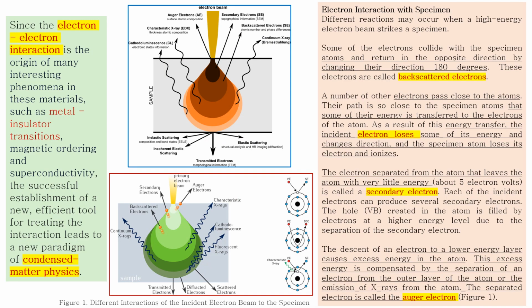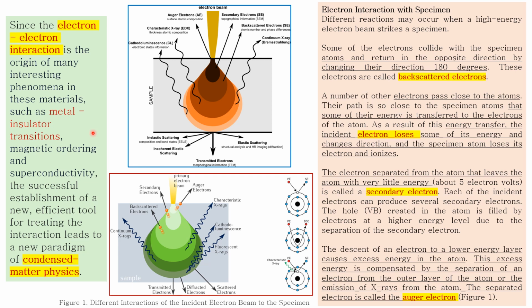In the following section, the discussion will focus on electron-electron interaction, the origin of many interesting phenomena in these materials. The electron interaction measurement is based on metal-insulator transitions, order to magnetism and superconductivity.